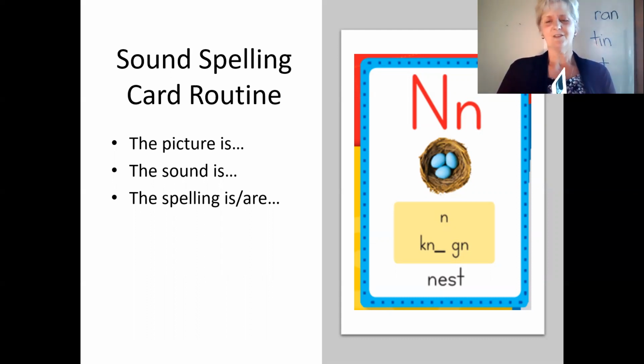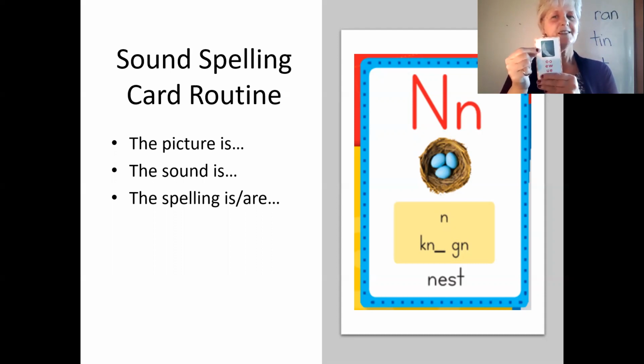When you get to a card like this, this is where those 250 graphemes come in. So this is the sound of oo, and all of these spellings represent oo. So we want to be able to give students a lot of practice with the idea that there are multiple spellings for the sound of oo. So if you haven't taught them all, you just cover up the ones you haven't taught. The picture is moon.